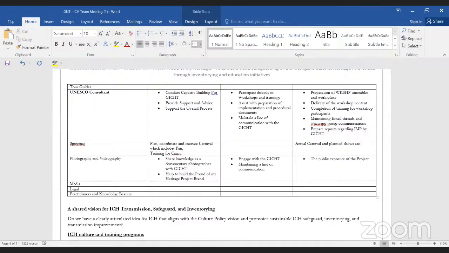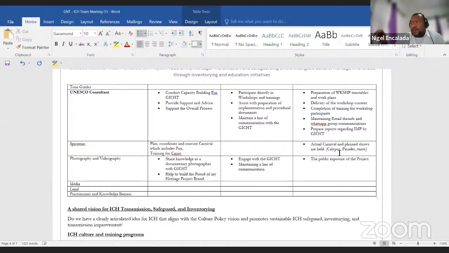So it's the actual festival and the shows or events leading up to the festival. For example, the Calypso show, the parade of the bands, the Calypso tents, all of these things would be evidence of the practice from the process. All right, let me ask something here.